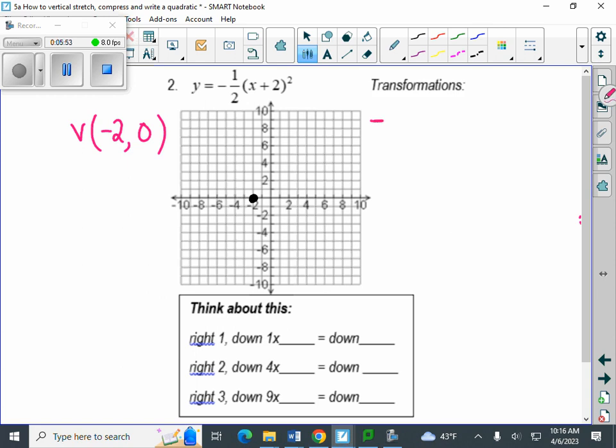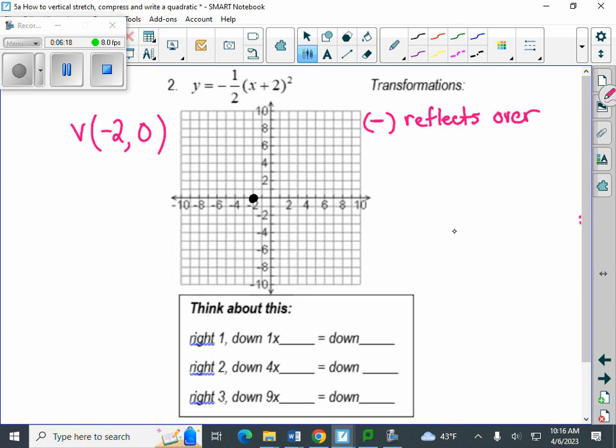And the first thing, for lack of a mathematical word, is the negative. And the negative reflects our graph. And you may want to look at the chart in the end of your packet to find out how that reflects.